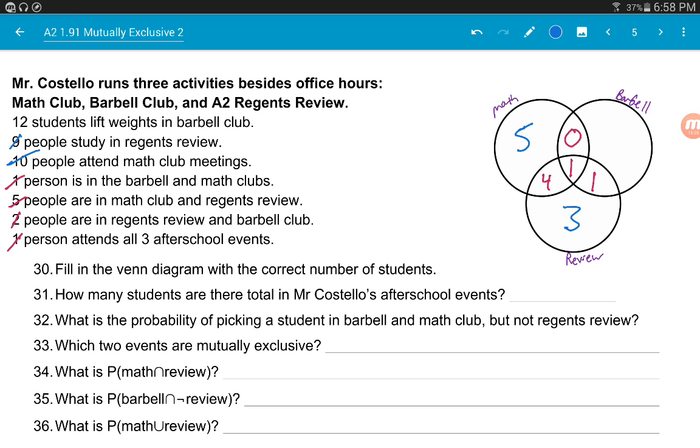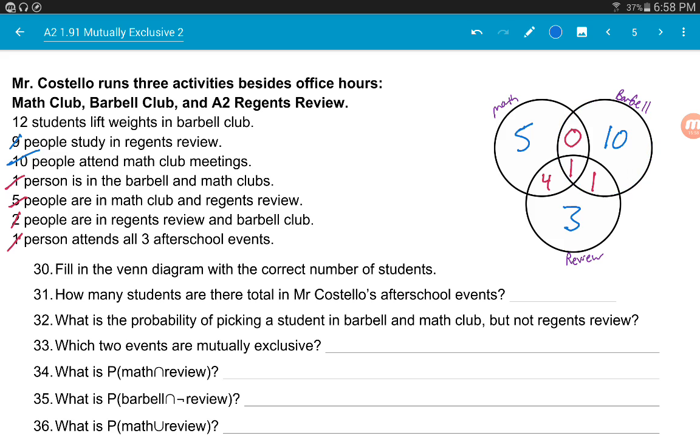And last but not least, certainly not least, is 12 students lift weights in barbell club. 12 of them. So inside this circle should be 12 people. How many do I have now? 1, 2. Oh, but this is supposed to be 12, so if this is 10, 10, 11, 12.